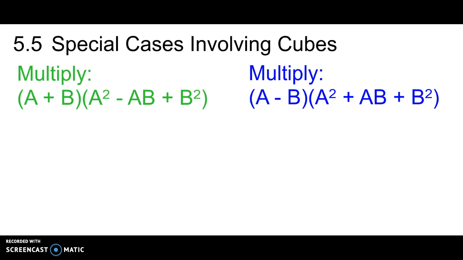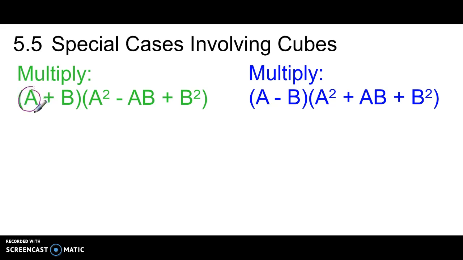So here are the two examples we want to work out. Notice the green one and the blue one, they're very similar to each other. The only difference is one of them has a minus sign in the large part and one of them has a minus sign in the smaller part. In order to multiply these out, we're going to do things the rudimentary basic way. We're just going to simply distribute.